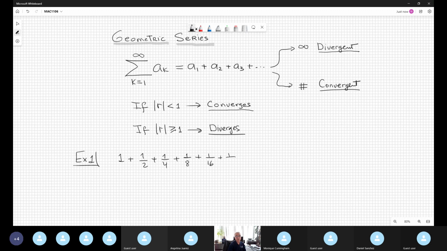This is 1/32, sorry. This obeys an exponential pattern. So basically the pattern is 2 to the 0, 2 to the 1, 2 to the 2. So 2 times 2 is 4, 2 to the third is 8, then 2 to the 4th, 2 to the 5th, and 2 to the 6th.